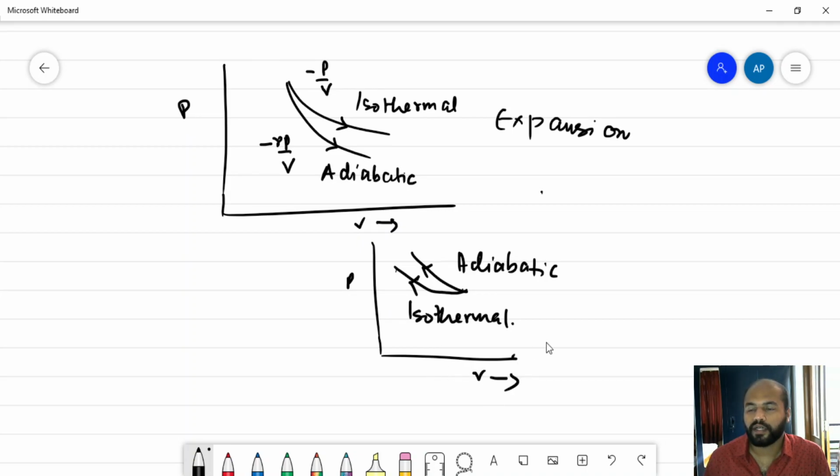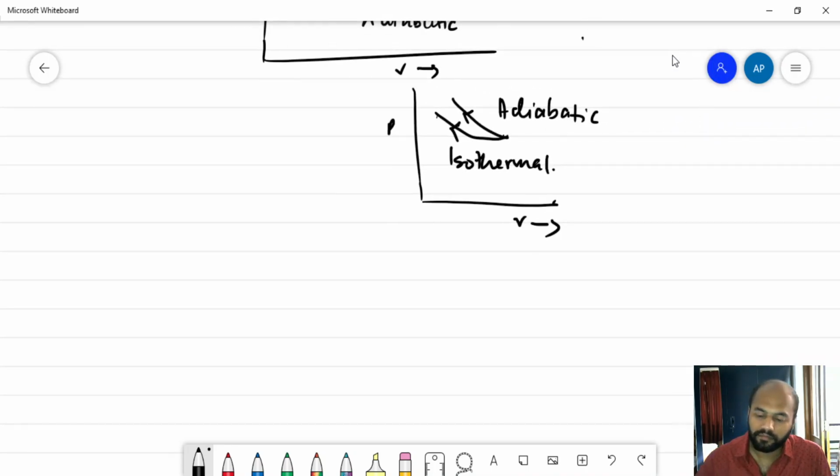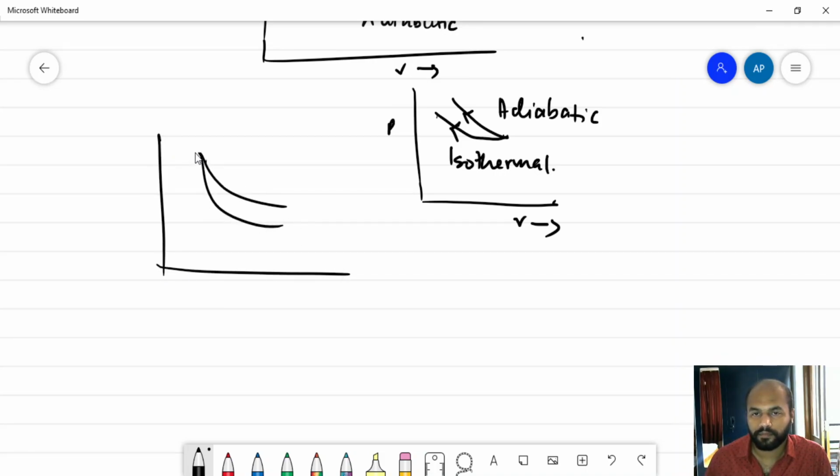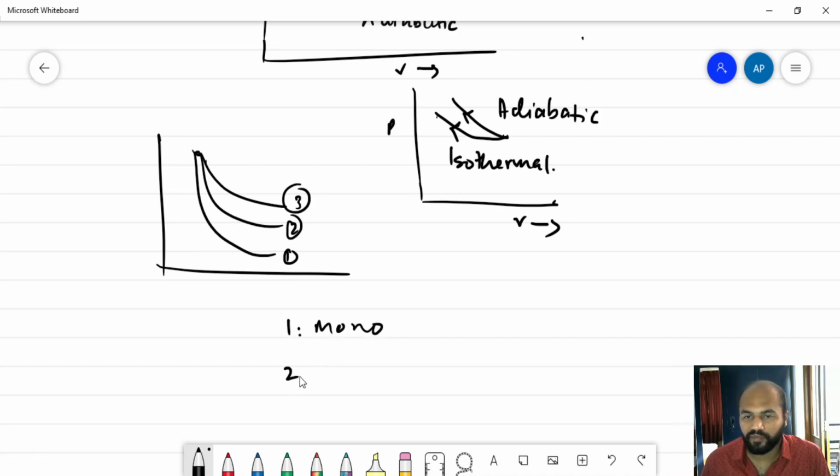Similarly, if we consider monoatomic, diatomic and triatomic gases, three types of different gases, then this would be the pattern. So the first one would be monoatomic. Second one would be for the diatomic. And the third one would be for triatomic.